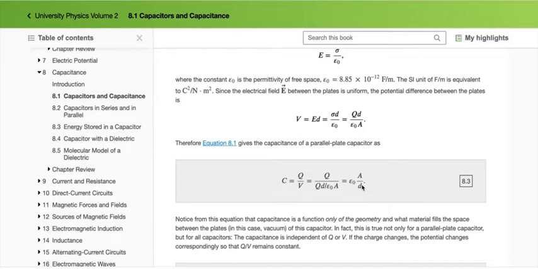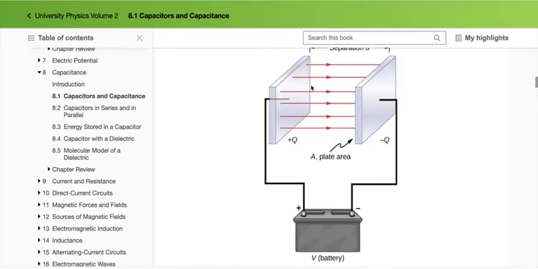Notice that it's a function only of the geometry. Capacitance only depends on the geometry of the situation. It does not depend on how much voltage or charge. Those are results. This physical situation has a particular ability to store charge.